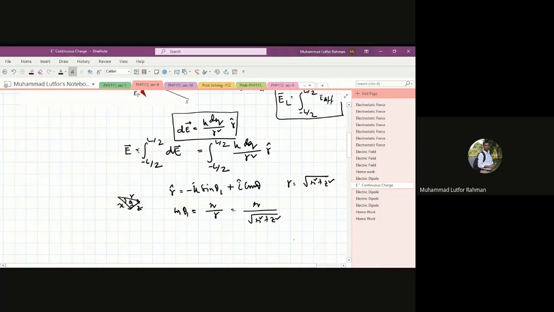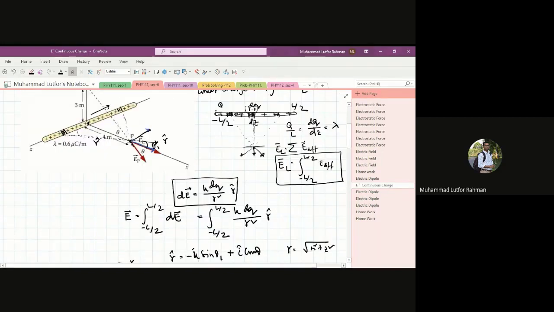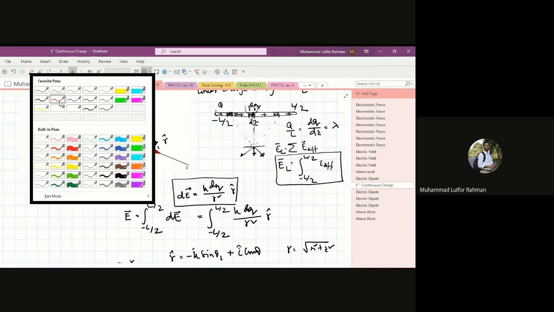The x component, or rather the sine theta components, will cancel out from there, because if you think about it, say I'm using a different color, at the same time one component will be towards that direction and another component will be towards that direction. So this component and that component, with the opposite direction, will cancel out each other. So we'll find only that x component.